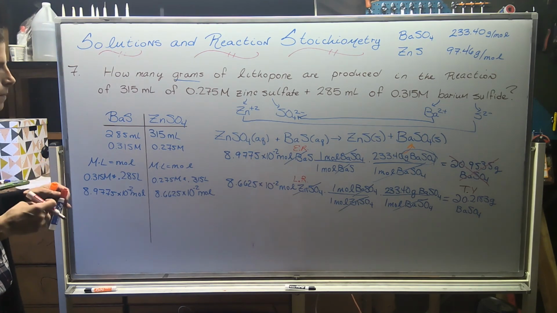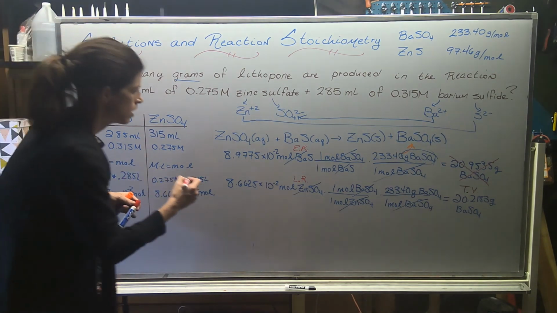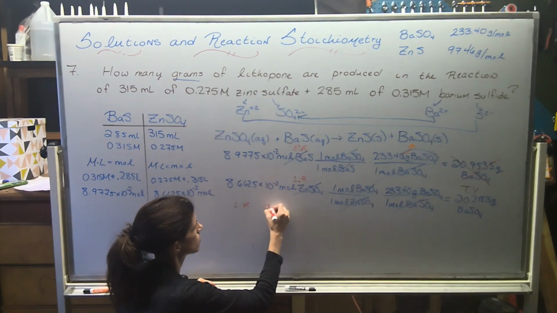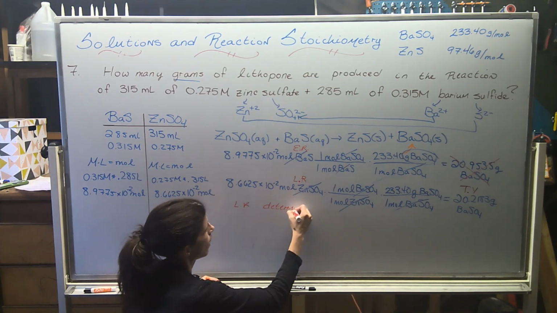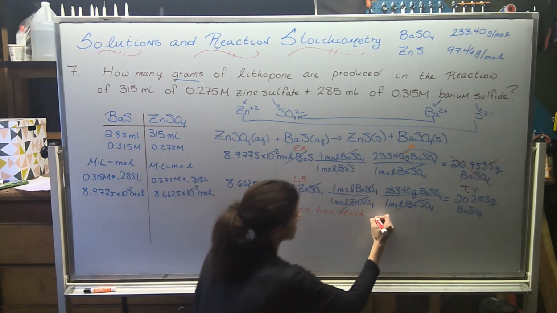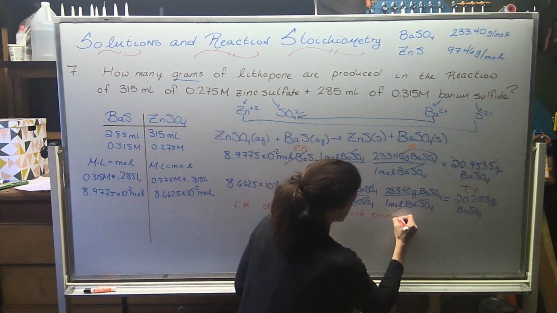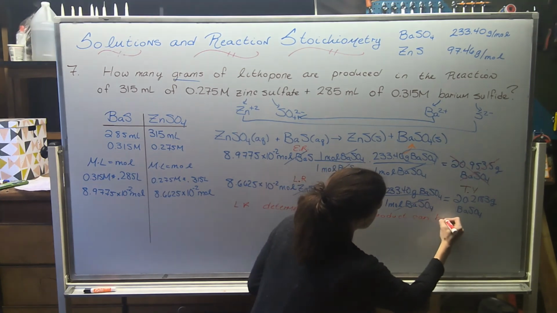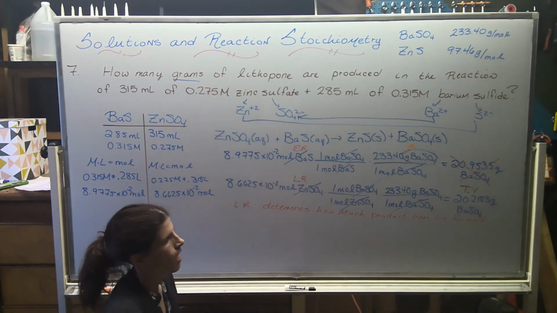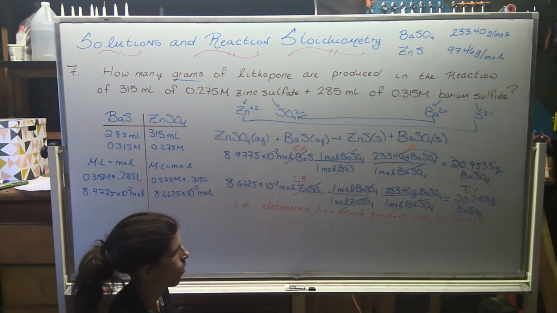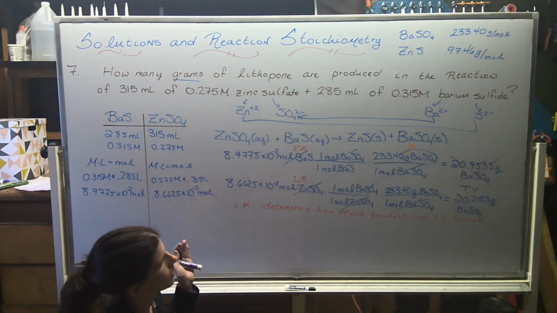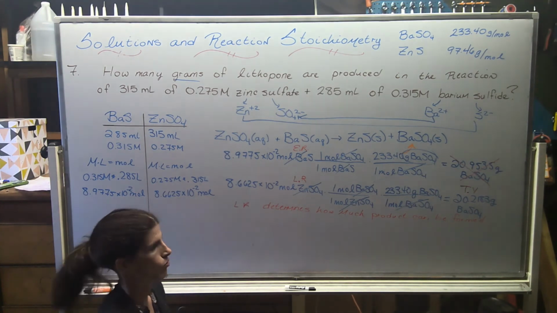Now, limiting reactant is really important because the limiting reactant always determines or dictates how much product can be formed. So I can redo the whole process just like this, and then cross out the bigger number and all that for zinc sulfide. I need the grams of zinc sulfide because the lithopone is zinc sulfide and barium sulfate.